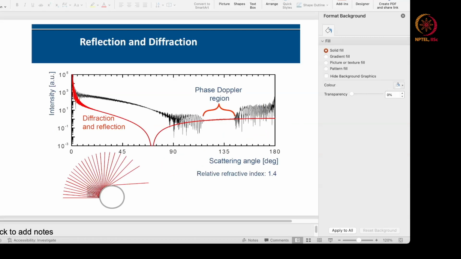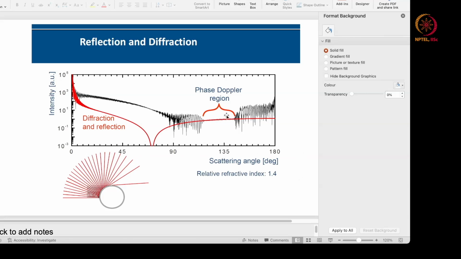Now, say that the relative refractive index is about 1.4, and just look at the red line for the time being. This is the diffraction and reflection. As you can see, this is how the intensity varies for different scattering angles.